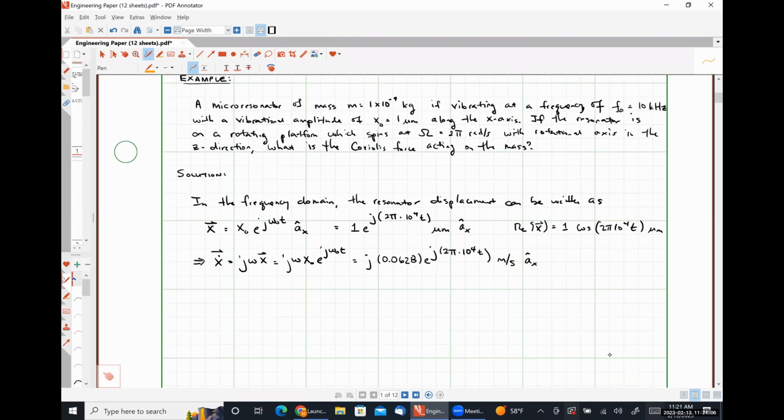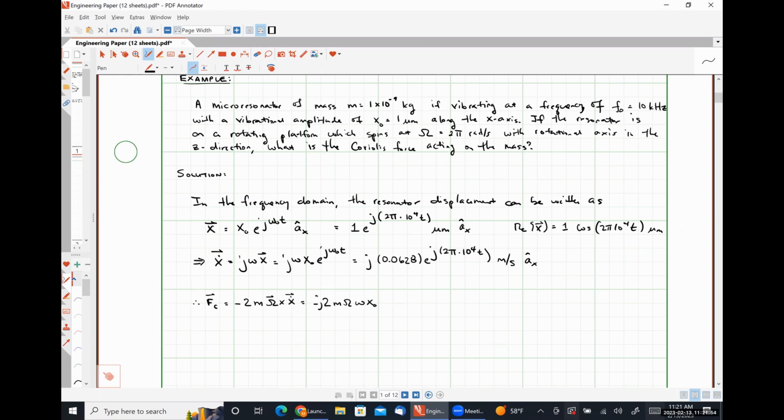All right. Coriolis force, F_C, is equal to -2 m omega crossed into x dot, which is just going to look like -2 m lowercase omega, x naught.